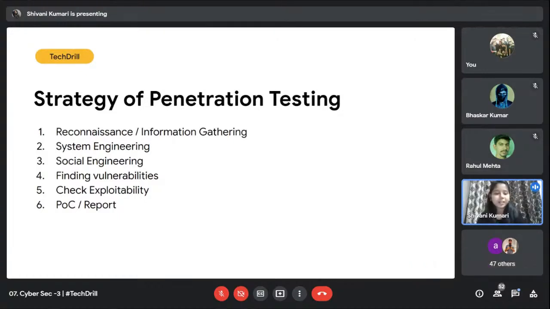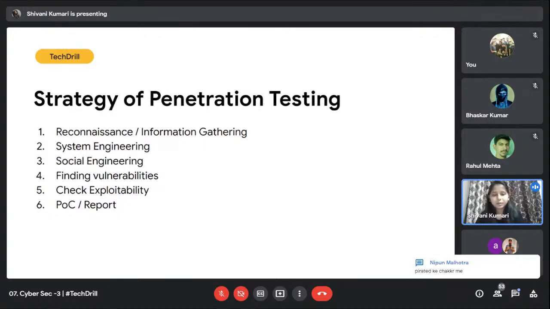So the last step is reporting with a POC, which is proof of concept. When we find a vulnerability after checking the exploitability, we have to make a good PDF or documentation file where you explain the whole vulnerability, the whole scenario, the steps to reproduce, and what you used to exploit that vulnerability.